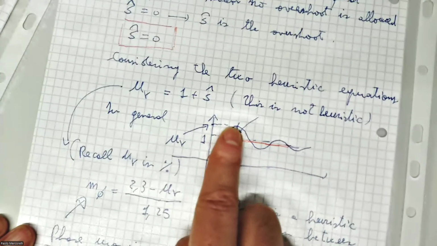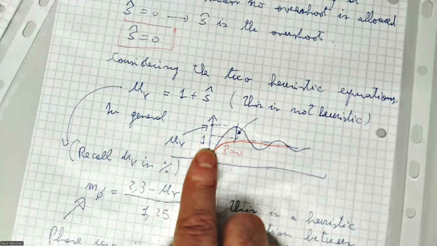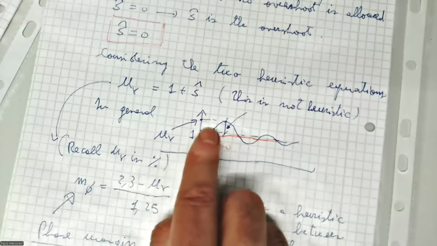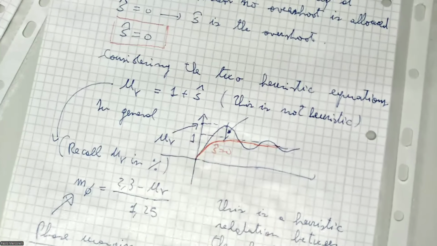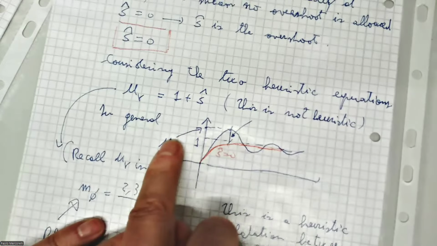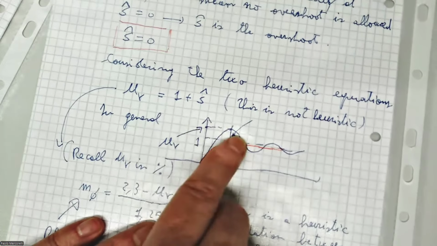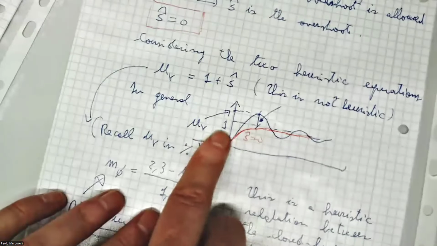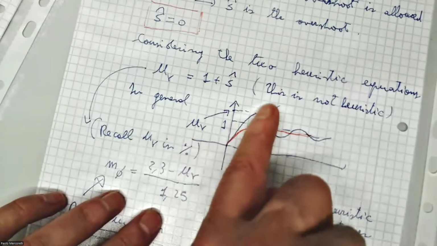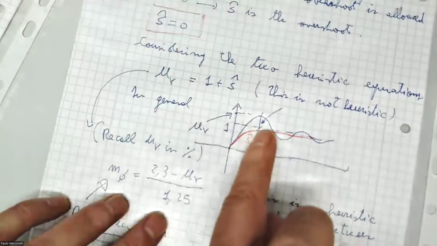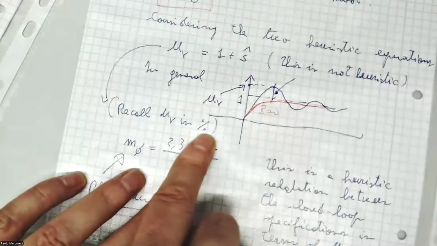Look at this picture here. Here is exactly one. We don't need to consider the analysis in percentage, no? But if it's not one, I have to normalize. The percentual is normalization. I mean, the maximal value, this value here, is basically 1 plus S hat. S hat is, of course, in percentual.